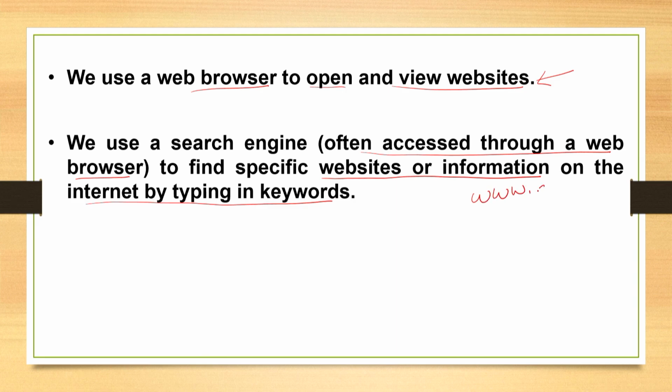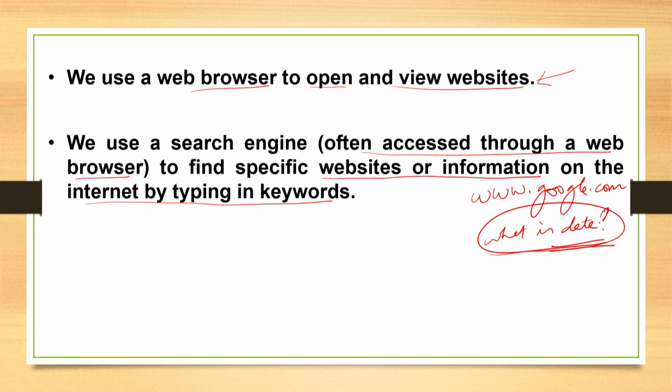When we write www.google.com, it goes to that site, and if I am interested in the definition of data, I can write what is data, then it will display the specific websites that contain this information, or you can say the definition of data.